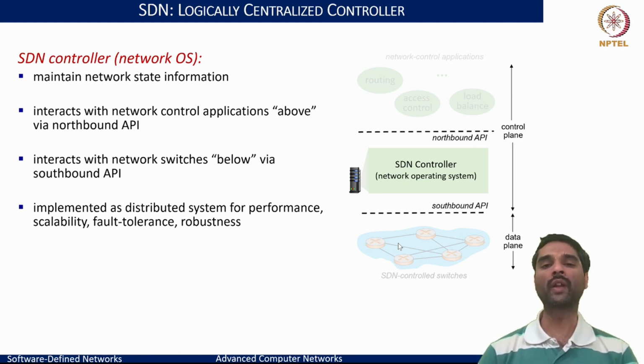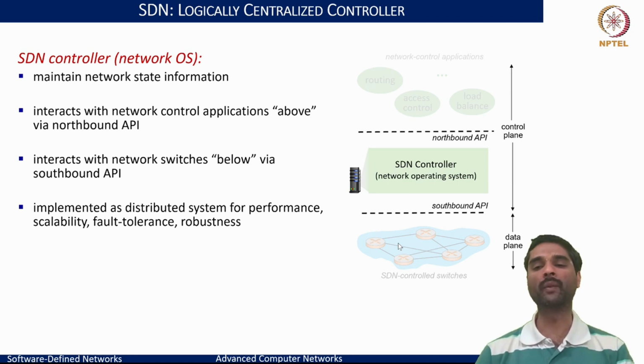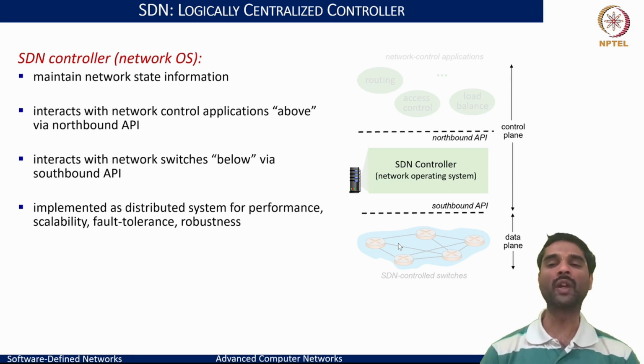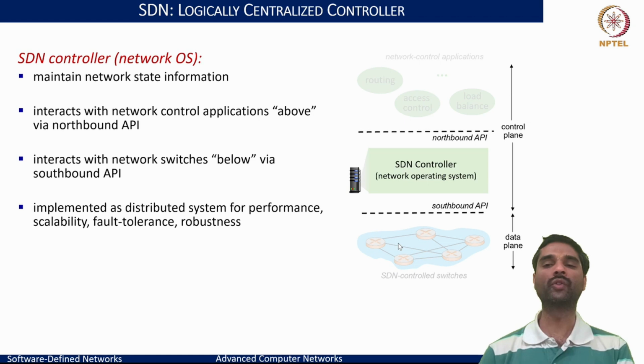That means it would interact with the network control plane or forwarding plane and the management plane of these devices, extract specific data and maintain this information. And through this information, it would export specific APIs to the applications above so that they can all leverage this topology information, the statistics and the status information, and build necessary applications.